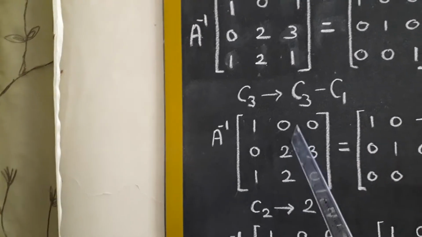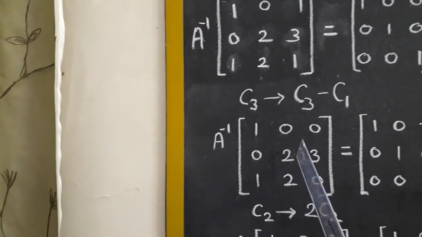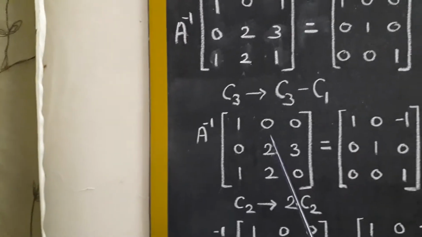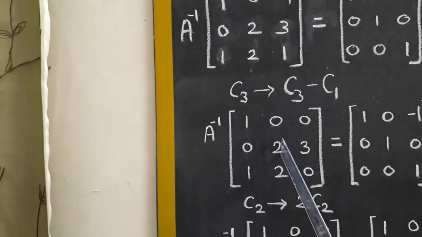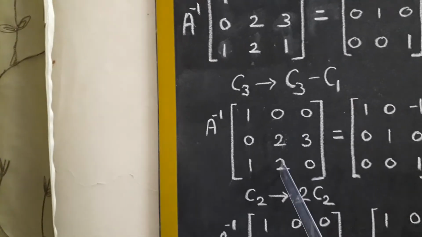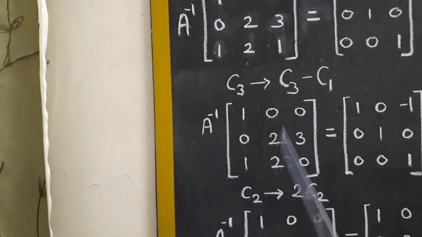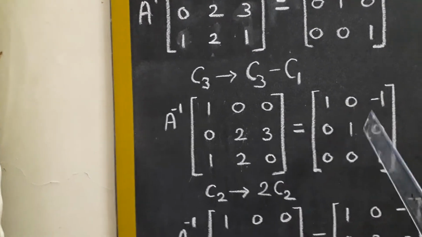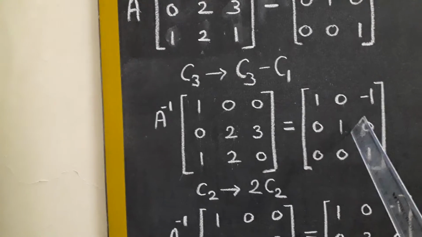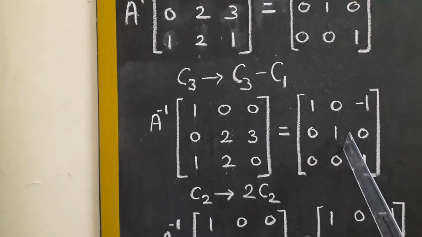And of course, dividing by 2 also, we can get the value 1. But when we divide by 2, no doubt here also we are getting 1 in this column, but when I divide by 2 in the second column on the right hand side, I will come across a fraction.